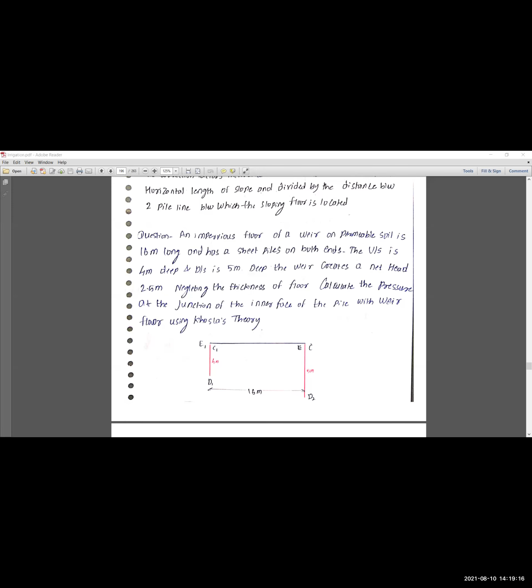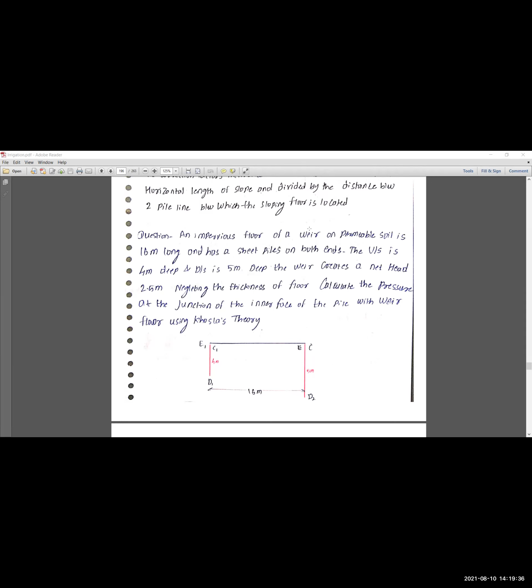So here I'll just share the screen. So this is the question. In the question it's given an impervious floor of a weir on permeable soil is 16 meter long and has a sheet pile on both ends.